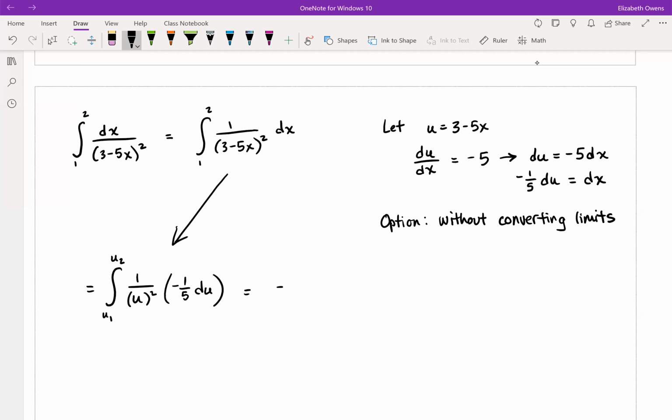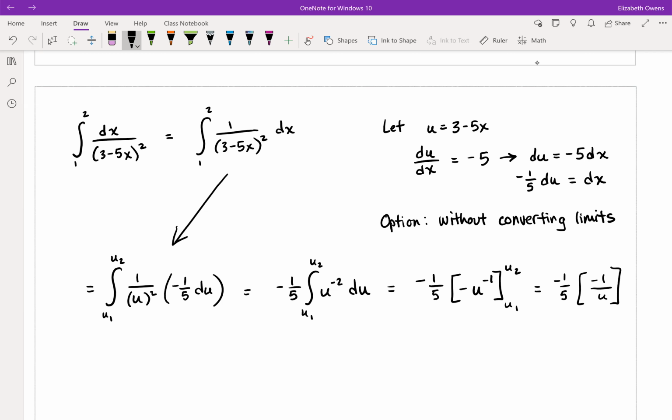All right, so you would then have your integral in terms of u with your placeholders, and that would allow you to take the antiderivative, because remember, that is really our goal with these u substitutions, is to make taking the antiderivative easier. Okay, and so we'd end up here.